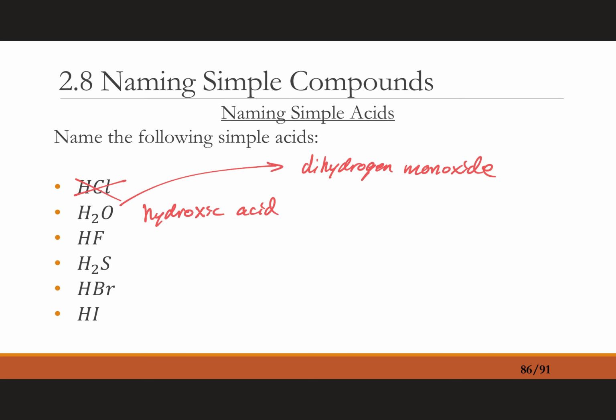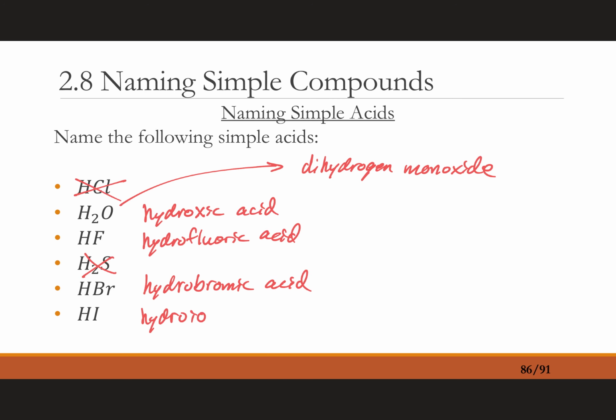But simply put, water. HF is hydrofluoric acid. I already did H2S. HBr would be hydrobromic acid. And HI is hydroiodic acid.